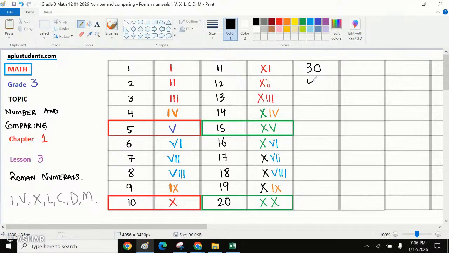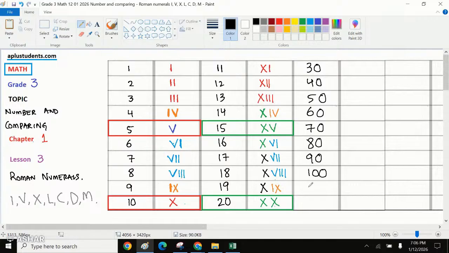30, 40. Let's suppose we have a 40. We have a 50. Then we can write a 60, 70, 80, 90. We can write 100.